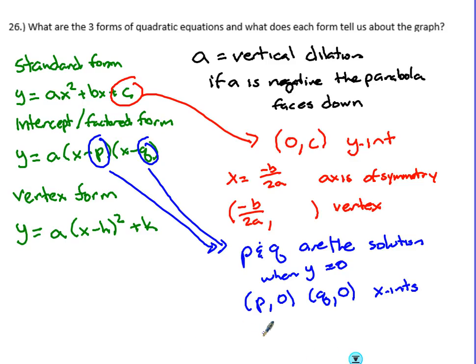We can also use the p and q to find the axis of symmetry because parabolas are symmetrical. That means the two x-intercepts will be equidistant from the axis of symmetry. So we can find the average of the two by doing p plus q over 2, set that equal to x to give us the axis of symmetry.